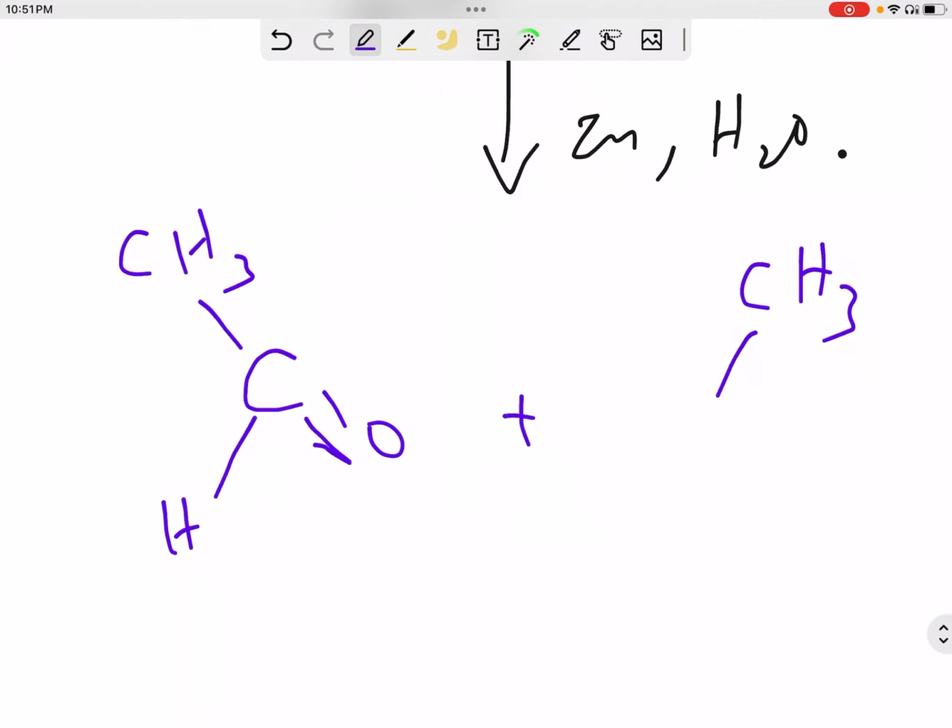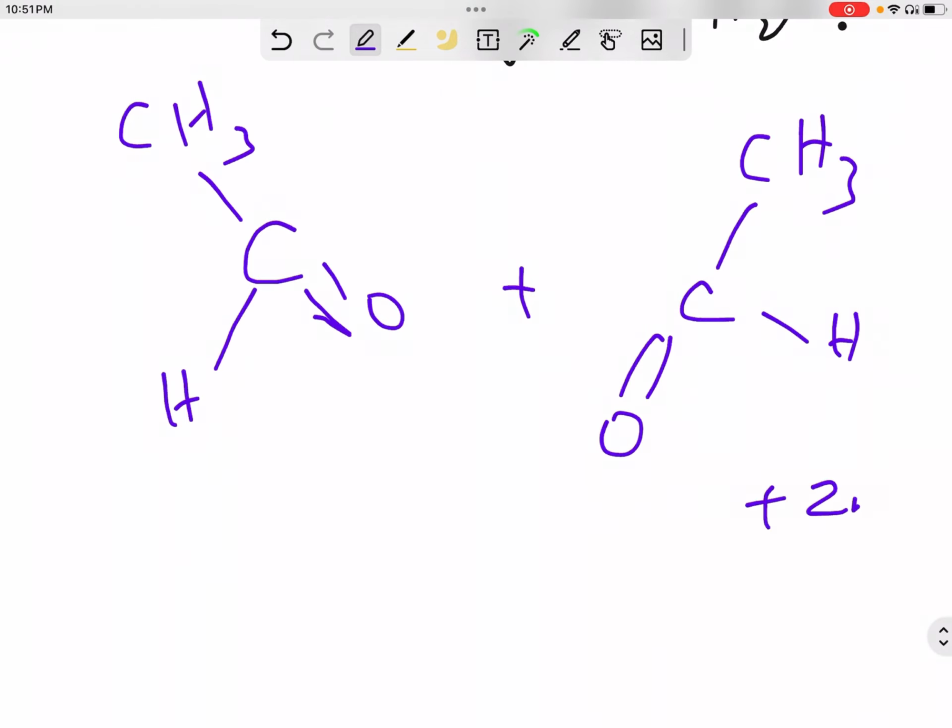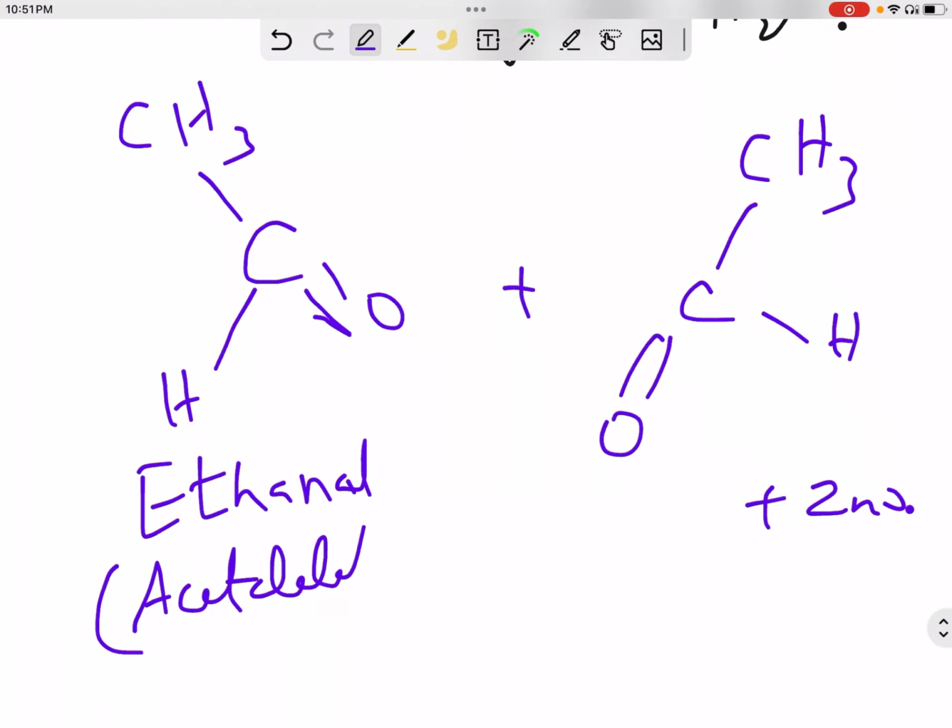Similarly, on the other side, a carbon with a double bond O and hydrogen. We are getting a byproduct also, that is ZnO. So this is ethanal, which is also known as acetaldehyde.